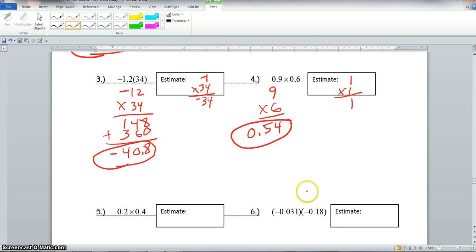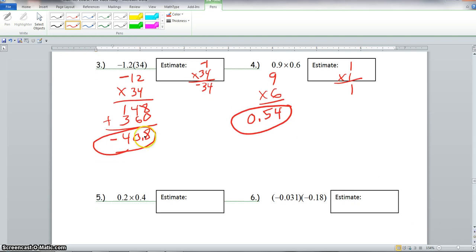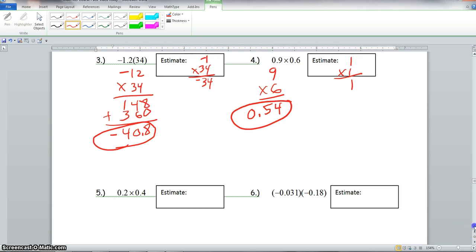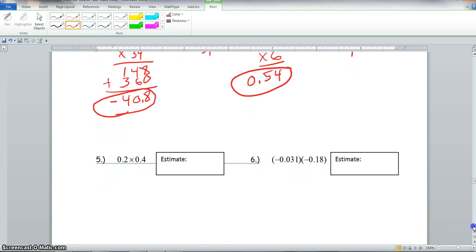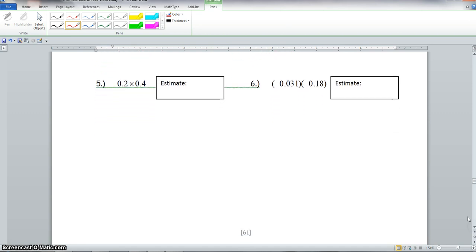Now earlier in our directions, we had said that estimating can help. Now there are some instances, like in number 3, where the estimate will be way off of the final answer. Now we come here to number 5 and 6. Now here we estimate that 0.2 is approximately 0 and 0.4 is approximately 0.